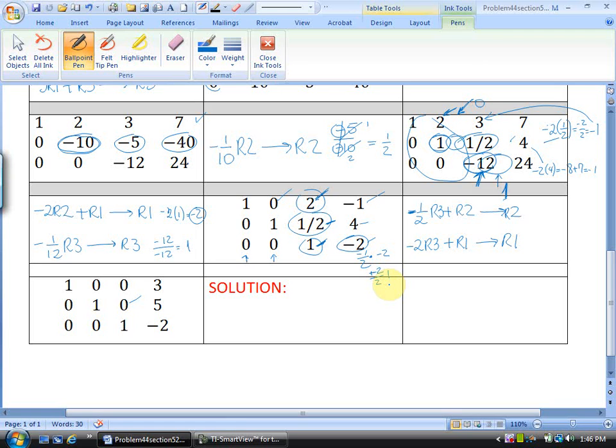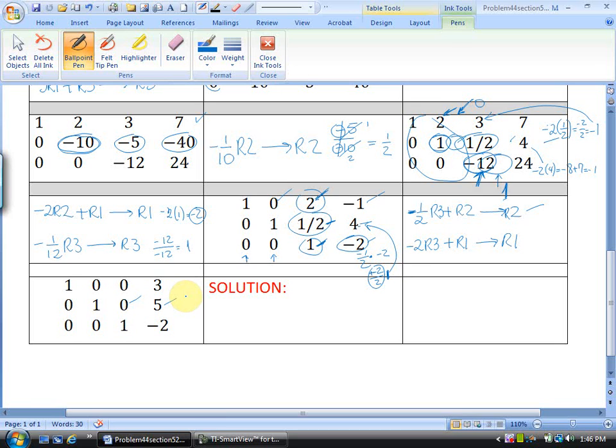Now, I am applying this rule to row 2. So plus 2 divided by 2 gives me a 1, and I have to add it to row 2. So when I add 1 to 4, I get this 5.